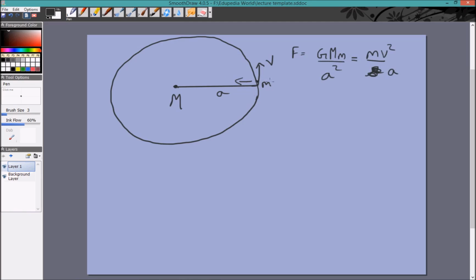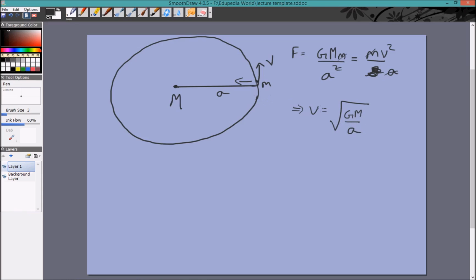If a particle is moving in a circle of radius a with a speed v, then it has to experience an acceleration towards the center of v squared by a, and hence a force towards the center equal to mv squared by a. So we can cancel m, we are just left with 1 by a. So this gives us the result, v is equal to root of GM by a.